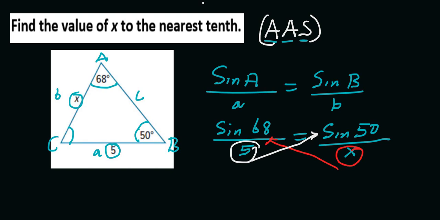So when you do that, the equation becomes x sine 68 equals 5 sine 50.